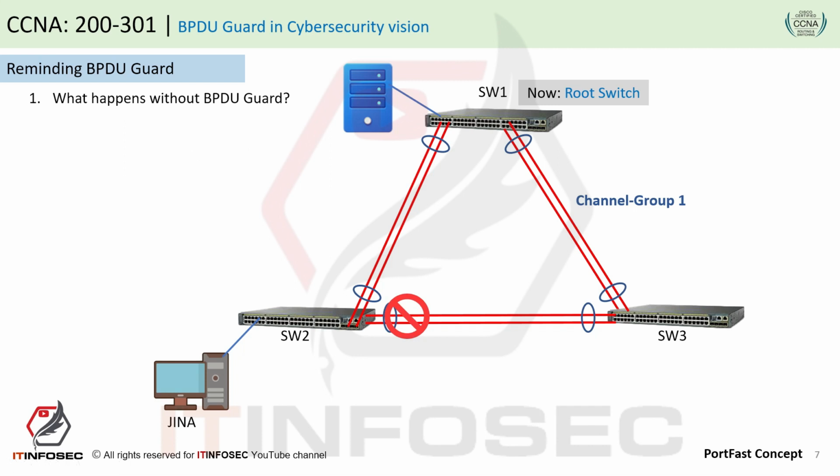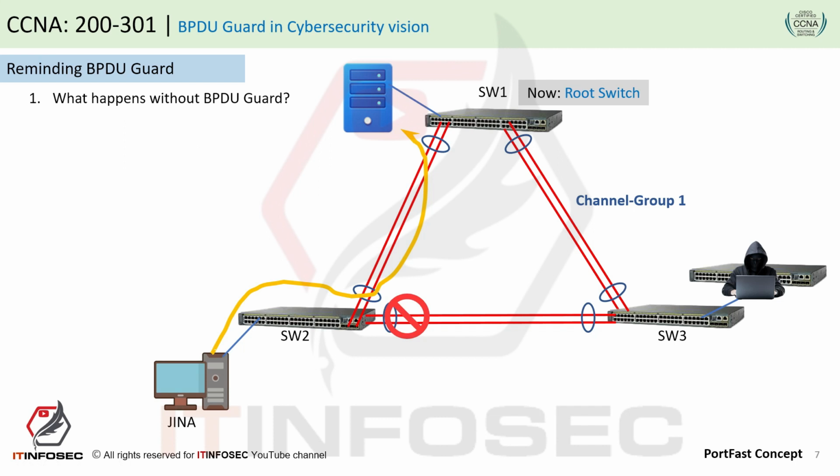Now, imagine a hacker may gain access to SW3. This is the path for sending data. Imagine a hacker connected to SW3, but the security settings on the switch have prevented the hacker from controlling it.